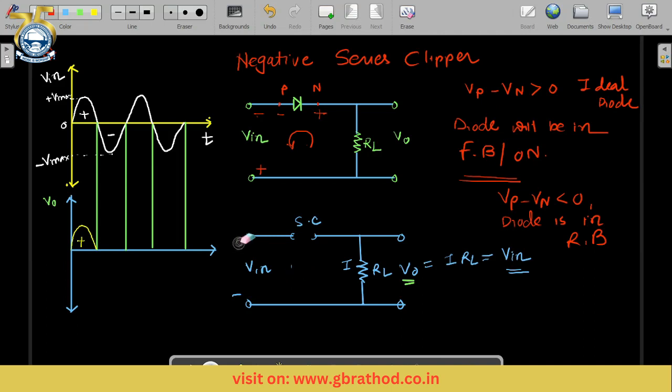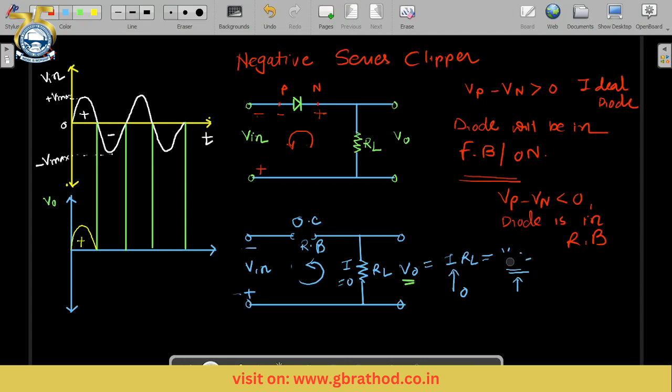If I draw that output circuit, this is positive, this is negative, and current is anticlockwise. Actually the diode is in reverse bias, or I can say it is open circuited. So current is not able to flow. That means I equals 0. If I put I equal to 0, V output will be 0.